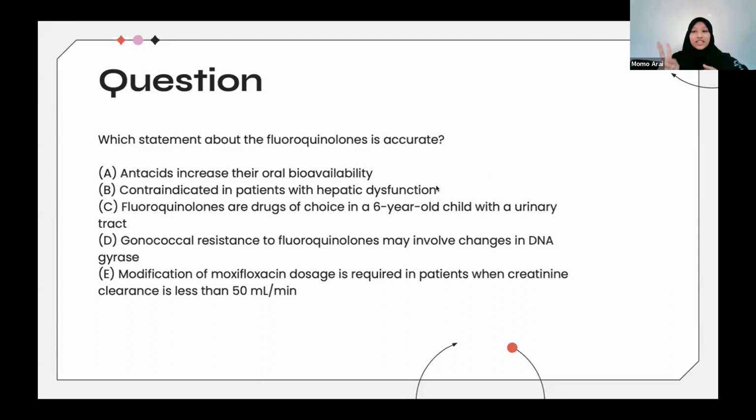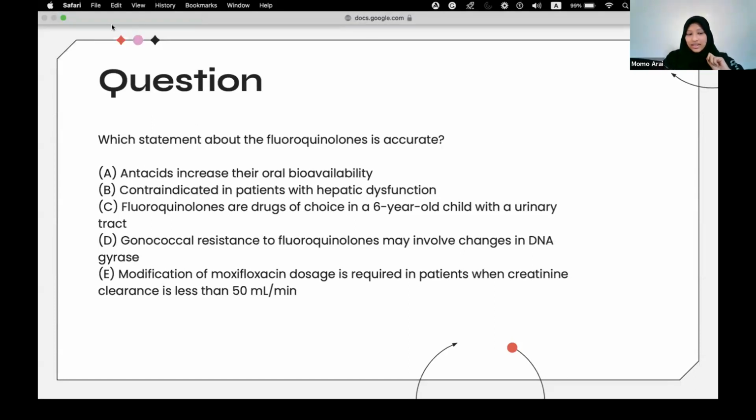Second, contraindications of fluoroquinolones. What are the contraindications of fluoroquinolones, and is hepatic dysfunction one of them? Can anyone answer this one? You can unmute yourself if that's easier.